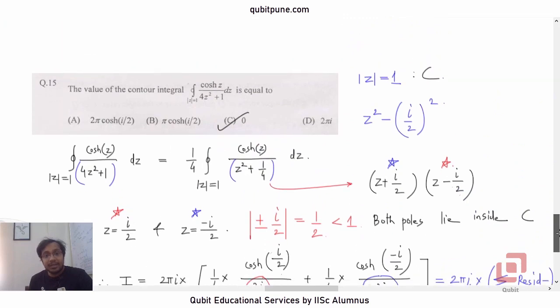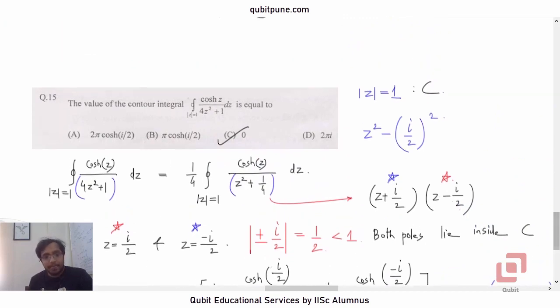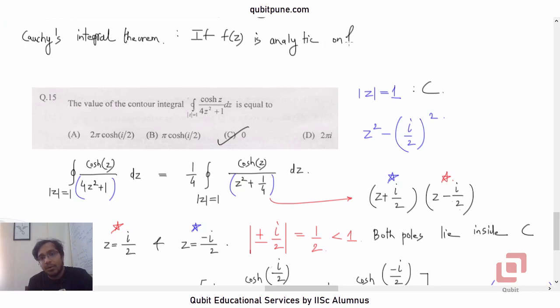Now I want to tell you one more thing about this problem. If you remember Cauchy's integral theorem, it tells us that if f of z is analytic on and inside some contour of integration, then the integral of f of z along that closed contour C is equal to 0.